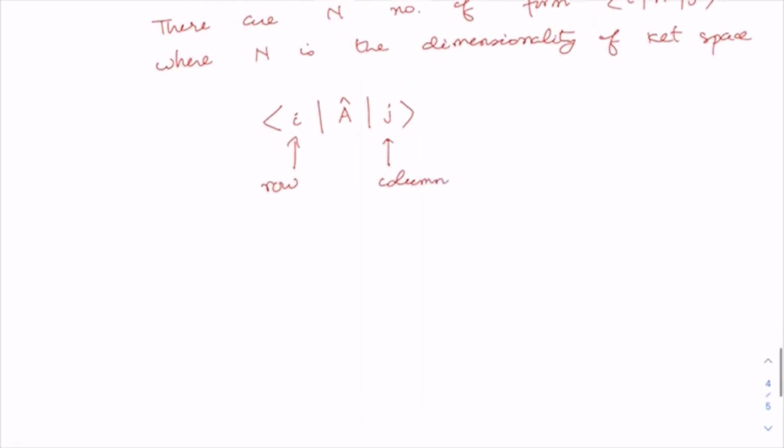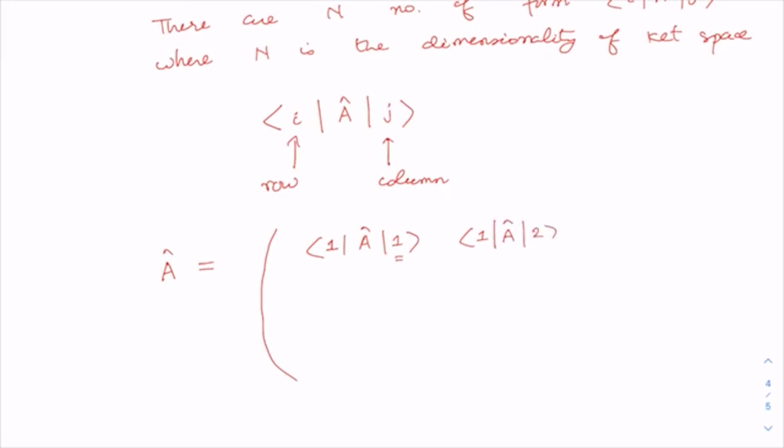Let me illustrate it a little bit more clearly. So we will have an n by n matrix for this operator A. We will have, say, A_11. I can go on writing: the bra side here represents the row, the first row, and the ket side represents the column. So I have here A_12, and then A_13, and so on.